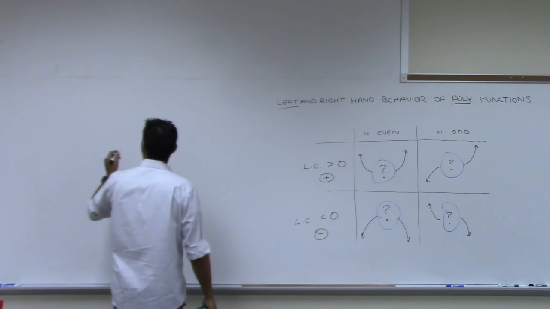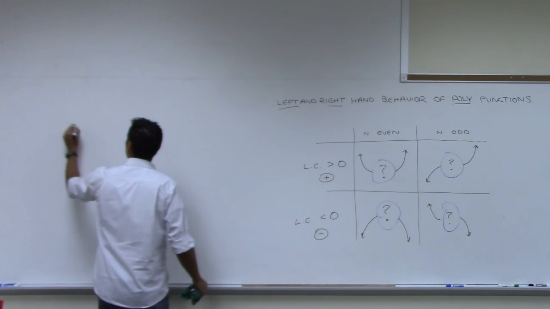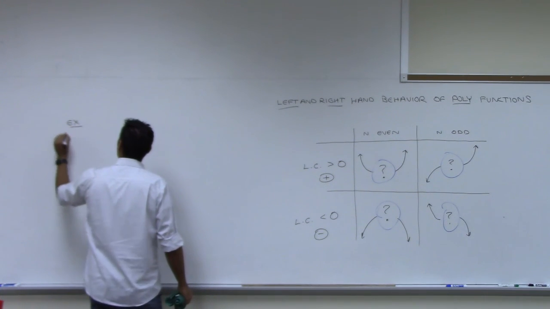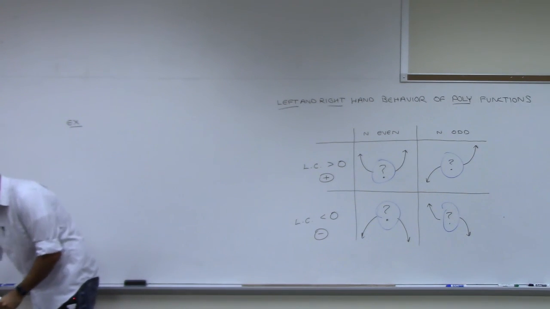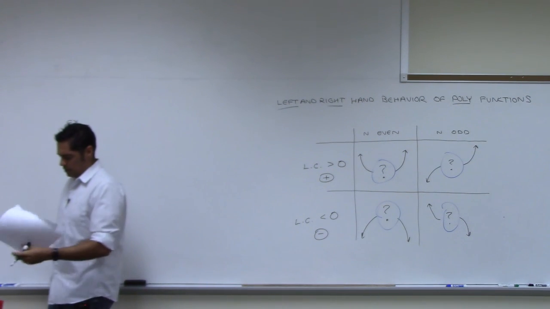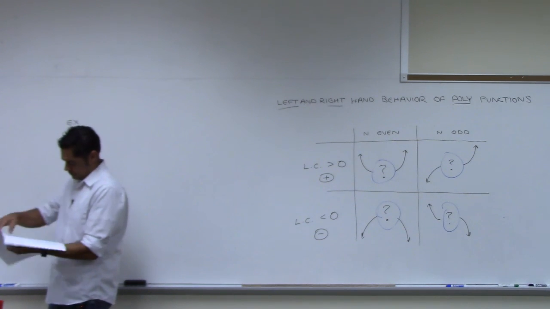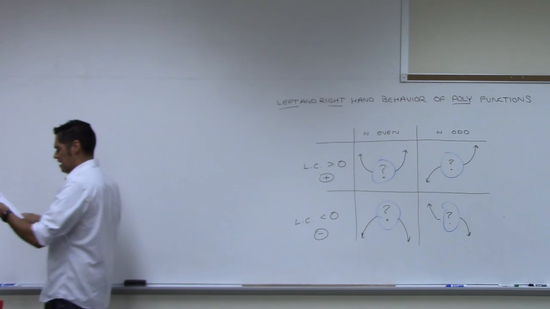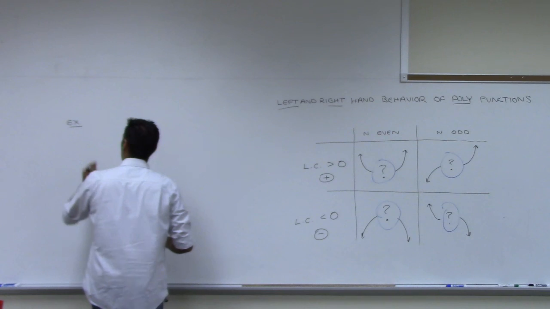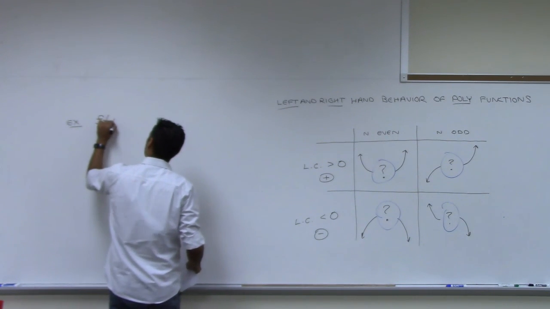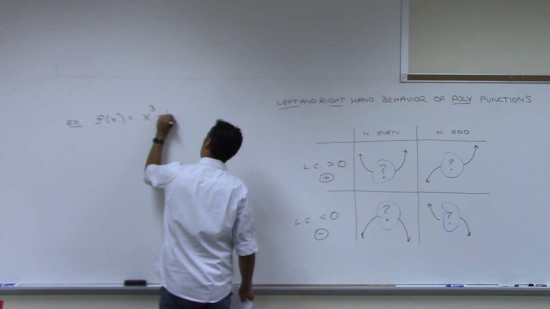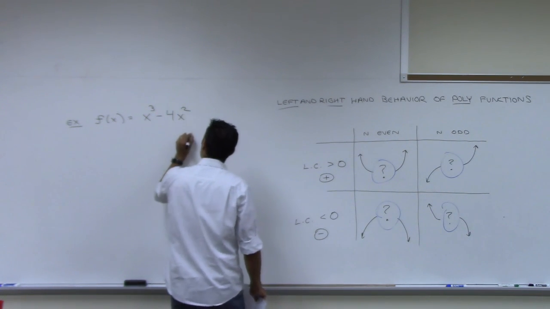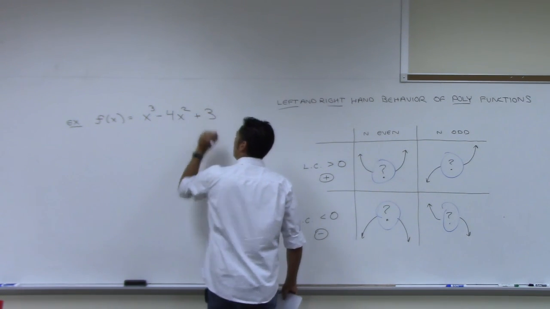So let's say we have this example here. How about f of x equals x cubed minus 4x squared plus 3.